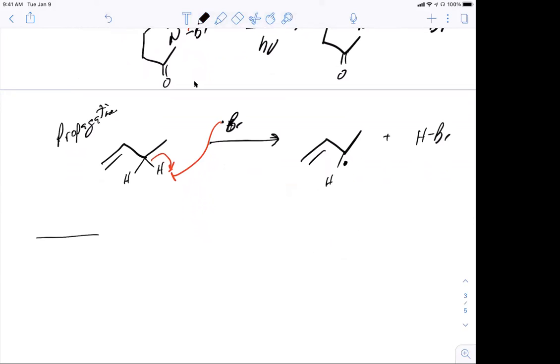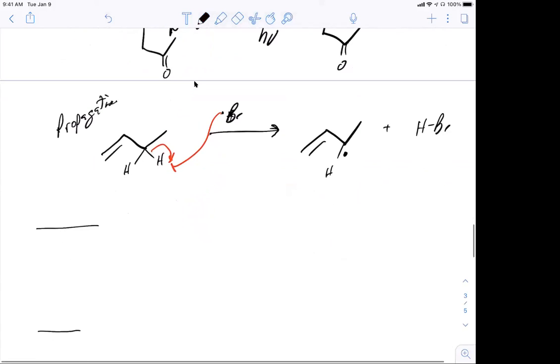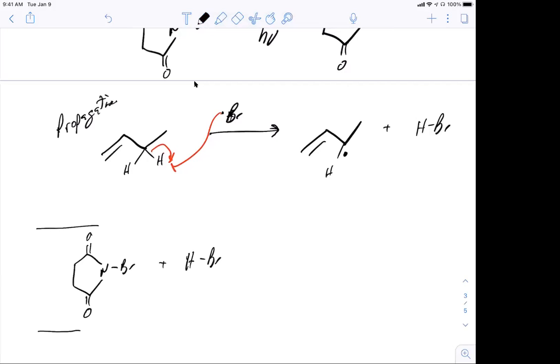Now, at this point in the propagation, we've got to put in another process, which is that we now form some HBr, right? Well, it turns out that the HBr helps decompose the N-bromosuccinimide back to just succinimide and gives us Br2, right?